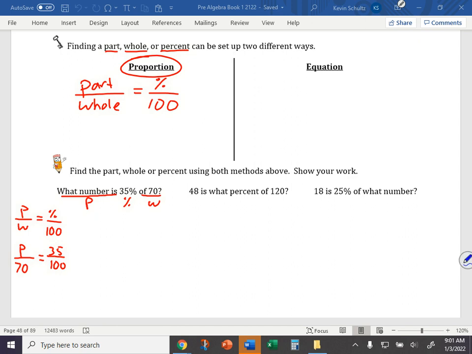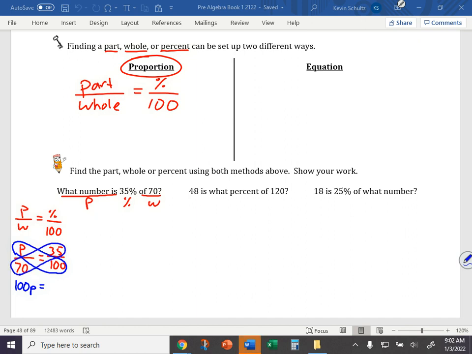Cross products looks like, and you've done this before with dividing fractions. You did it last year in 6th grade with proportions, right? Cross product says we're going to take P times 100, or 100 times P, just that variable second, equals 70 times 35.